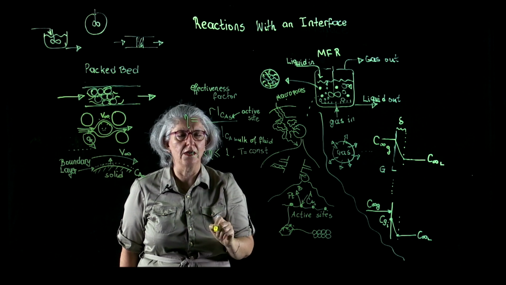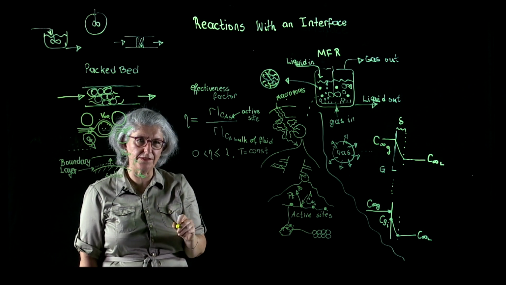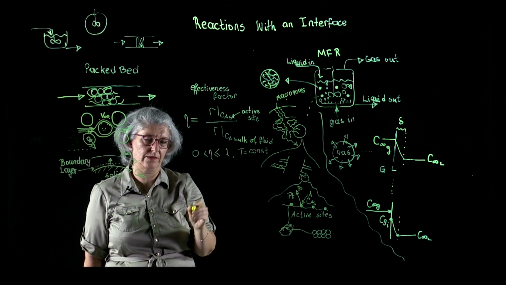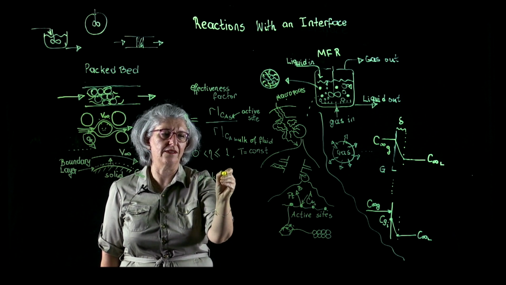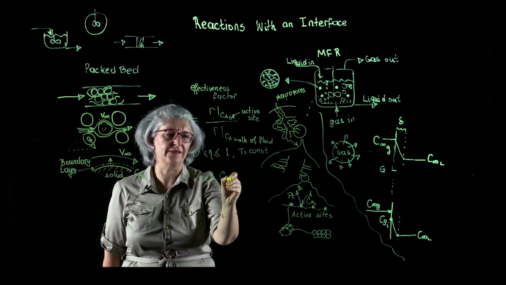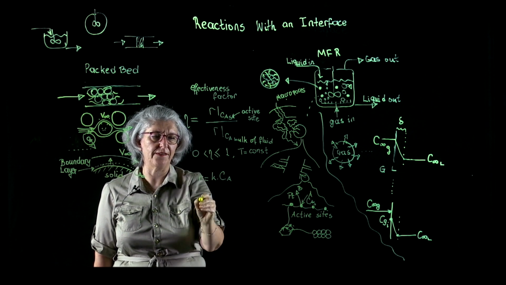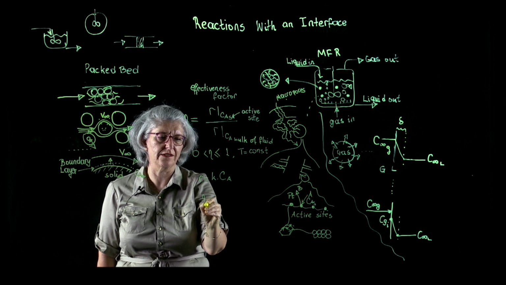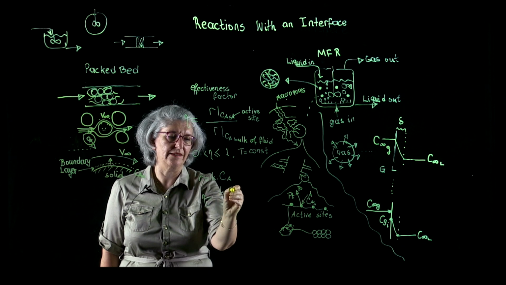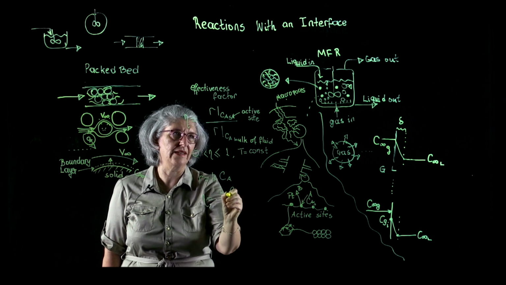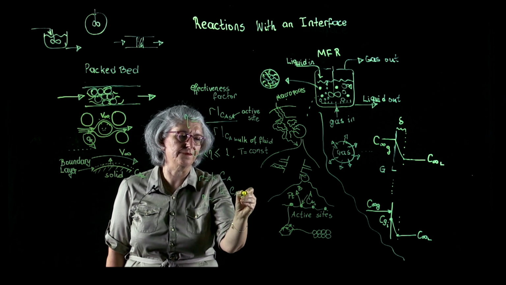Okay? So say that we are dealing with a pseudo first order reaction. Rate is equal to K times Ca. When we are estimating the effectiveness factor, we evaluate this K times Ca at the site.